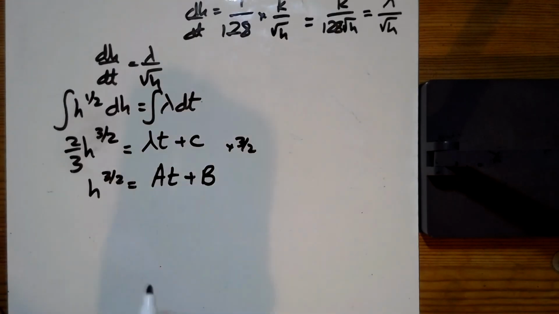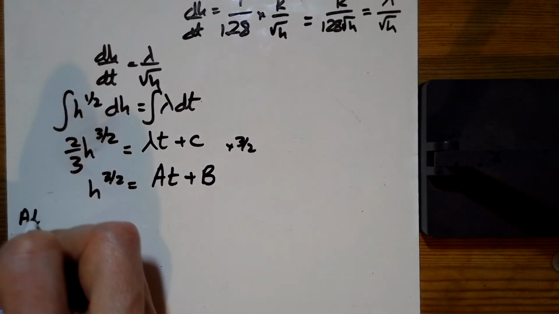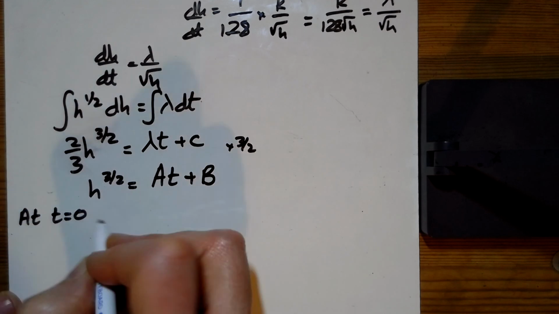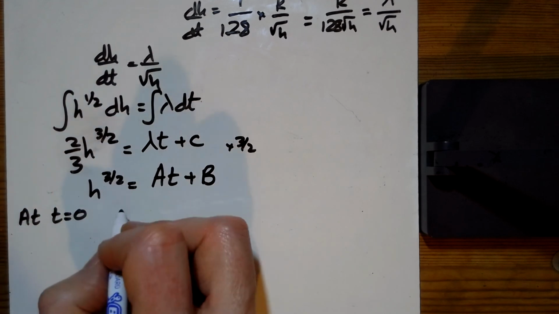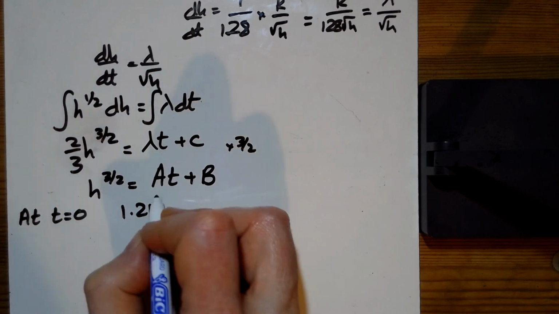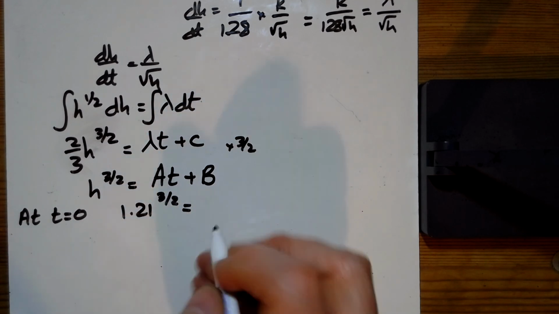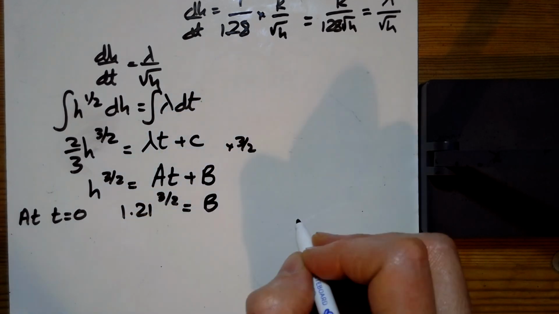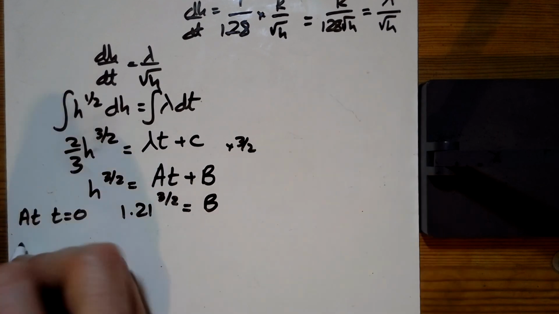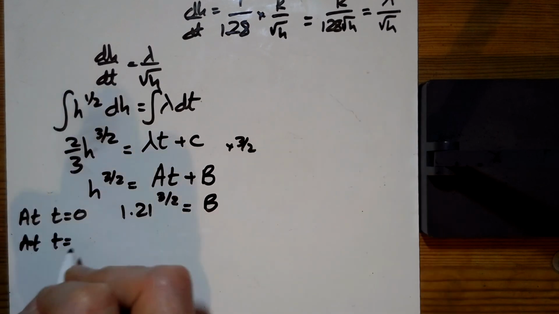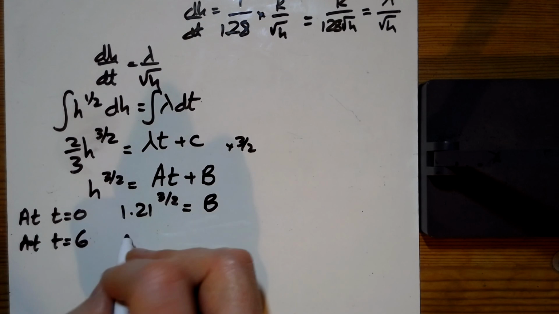Now we're going to put the numbers in. So at t equals 0, they told us initially the height was 1.21. So I've got 1.21 to the 3 over 2 equals 0 times A, so that's just what B is. And then at t equals 6 minutes this time, it's 2.56.